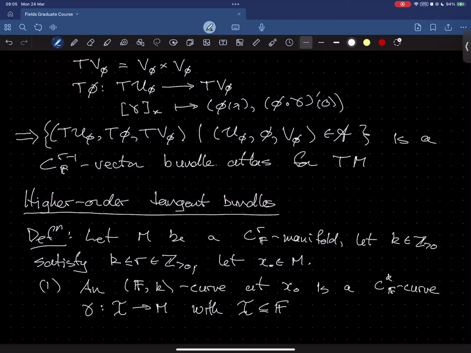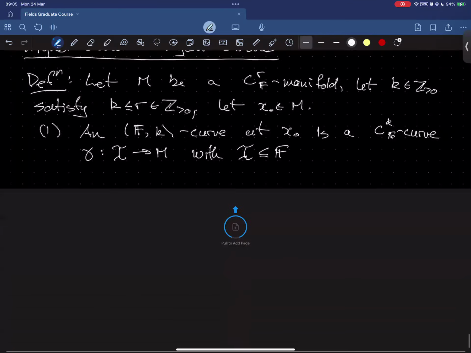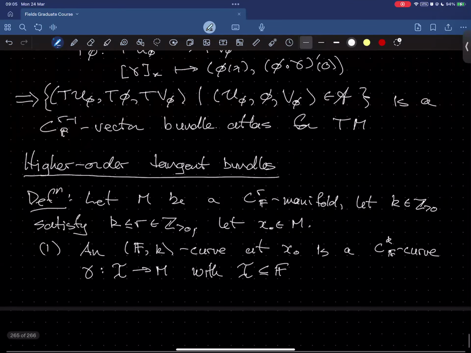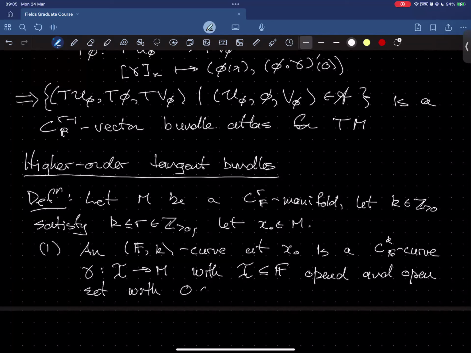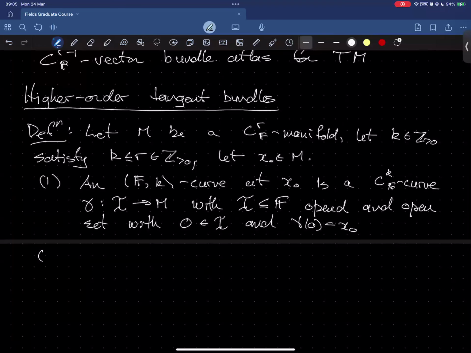Remember that I was the complex generalization of an interval, which means a connected open set with 0 in I, and gamma at 0 is equal to x naught. So the only difference here is that it's not a C1 curve, it's a C^k curve. That's the only difference with what we had before.